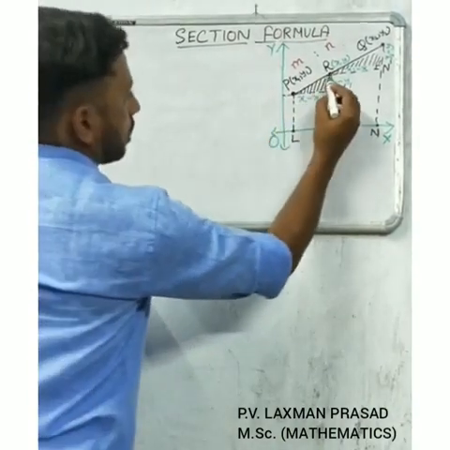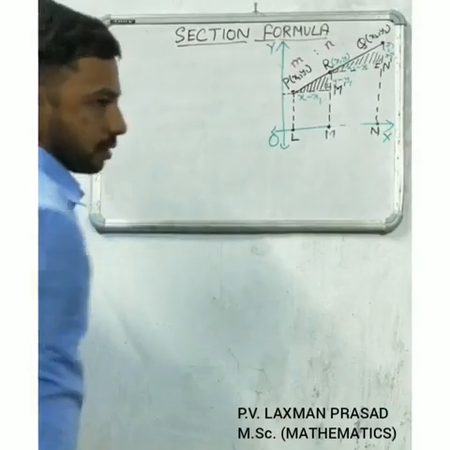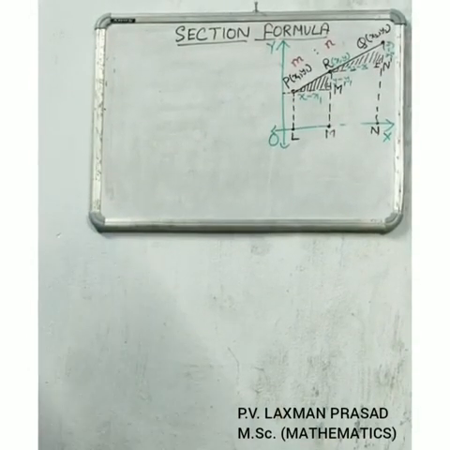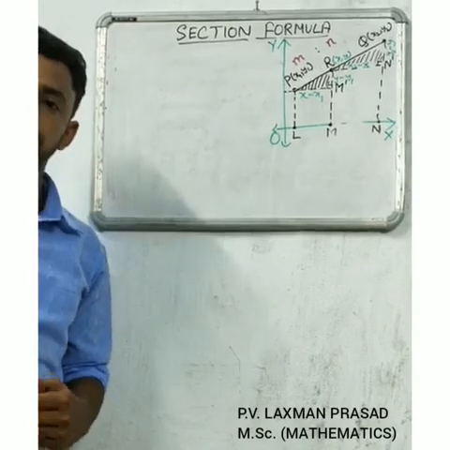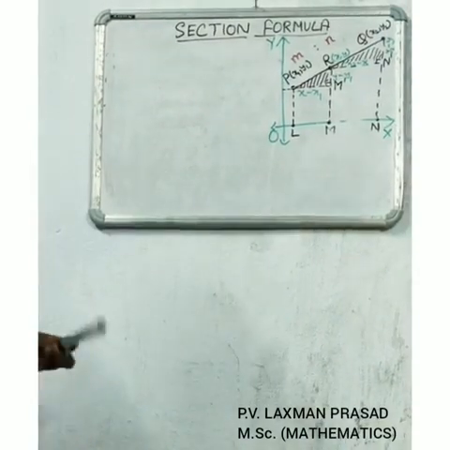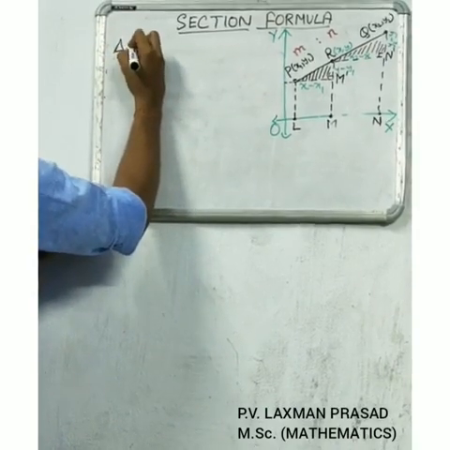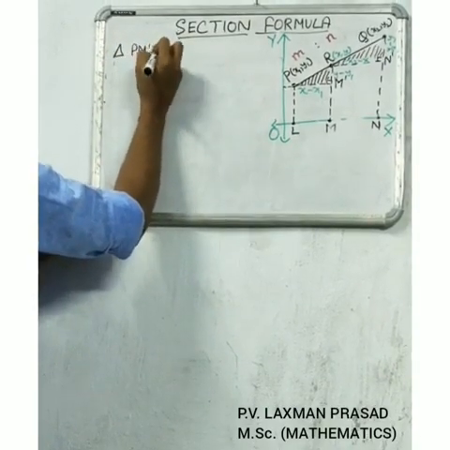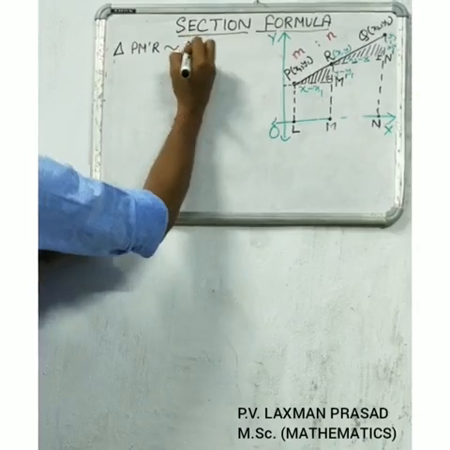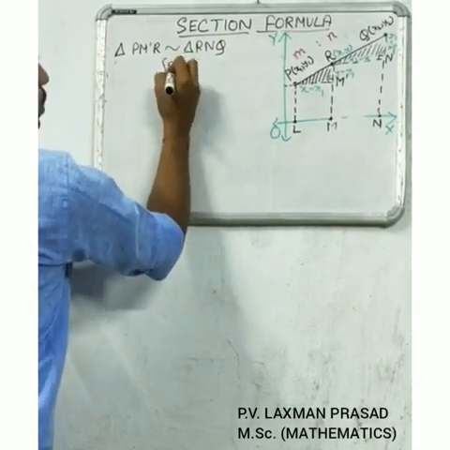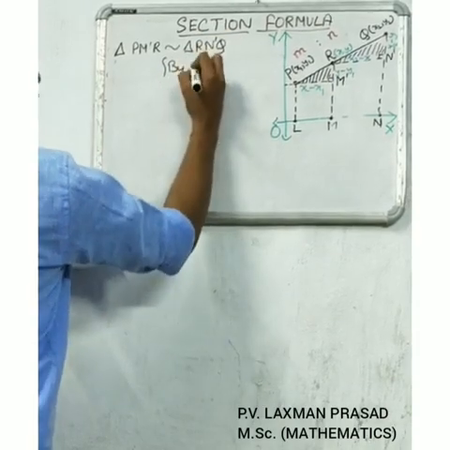If these two triangles are similar, then by the property of similar triangles, we know that their sides must be proportional. Triangle PM dash R is similar to triangle RN dash Q by construction.